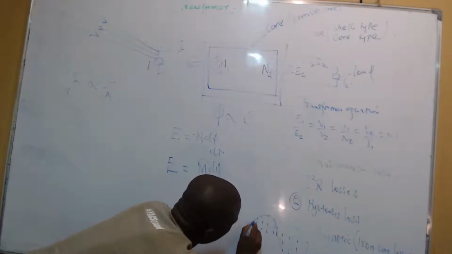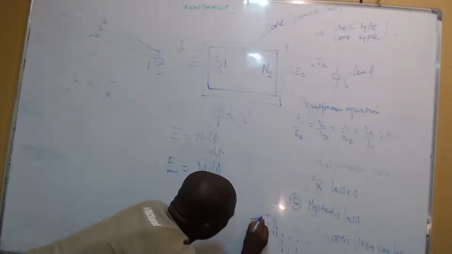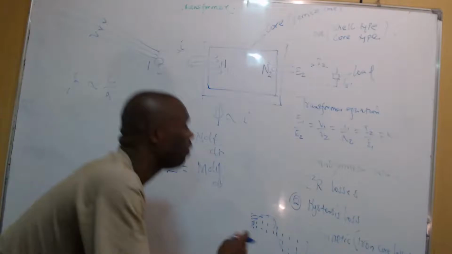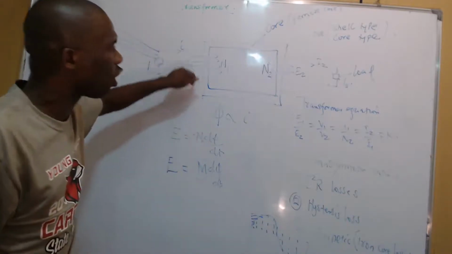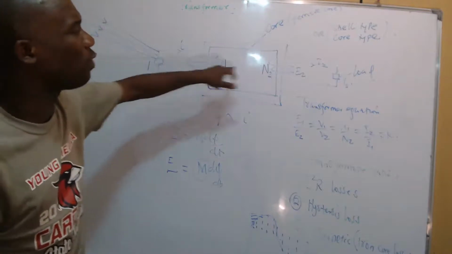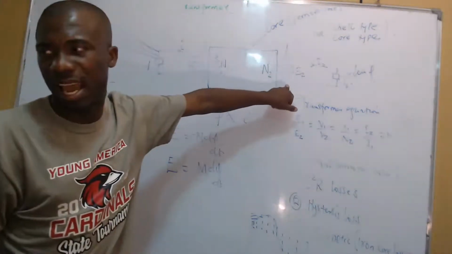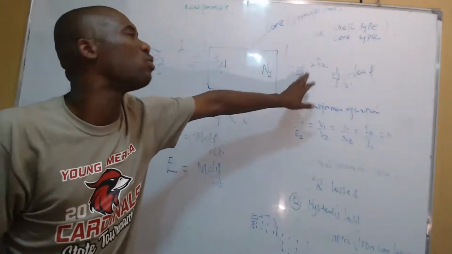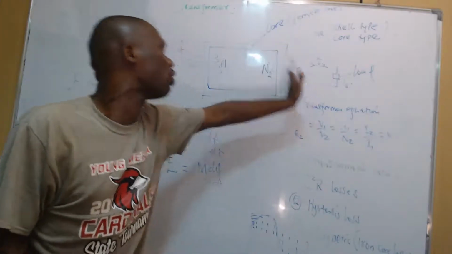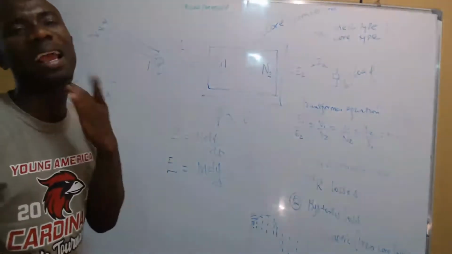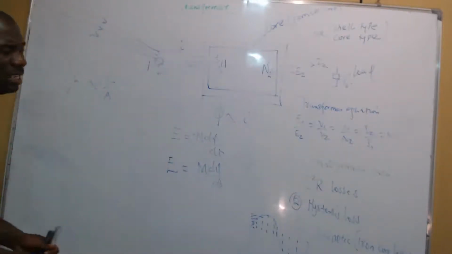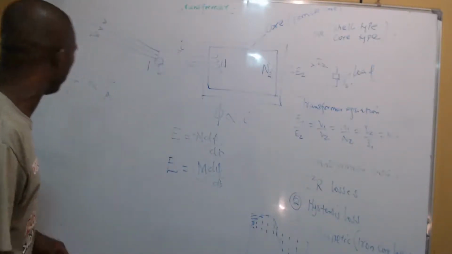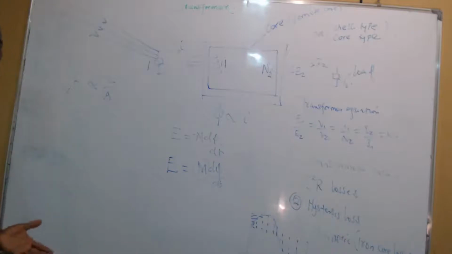So the voltage here is different from the voltage there. Whenever there is a change in either the voltage or current in the primary winding, there will also be a change in voltage here, and that change in voltage will always act in opposition to the change in the primary winding. In such a case, you can reduce it by the application of what I have said.